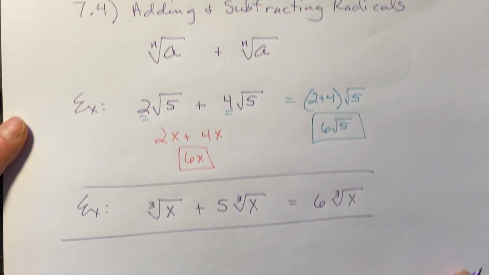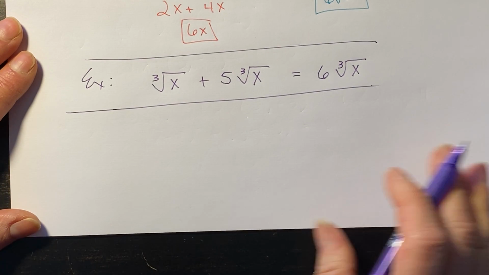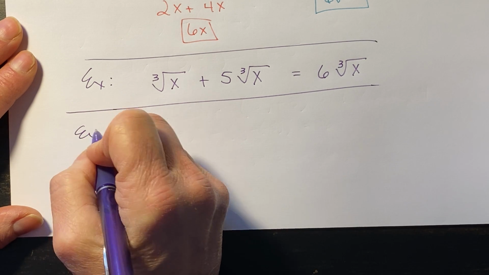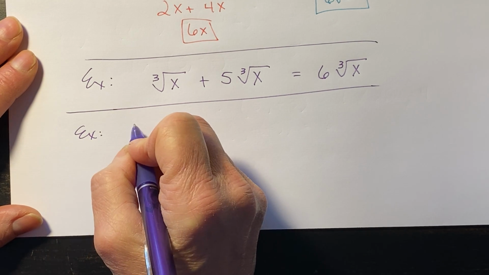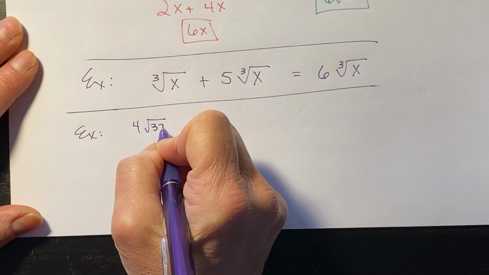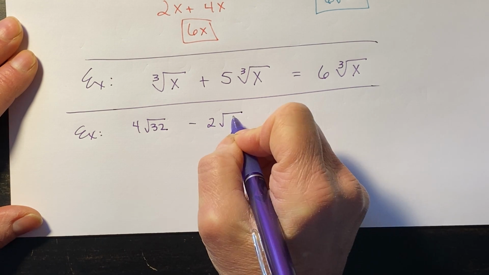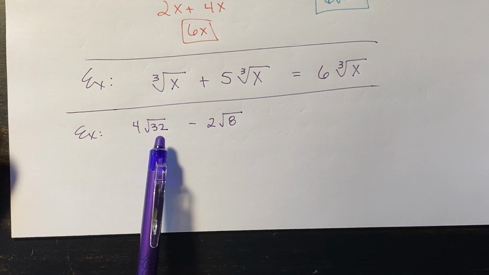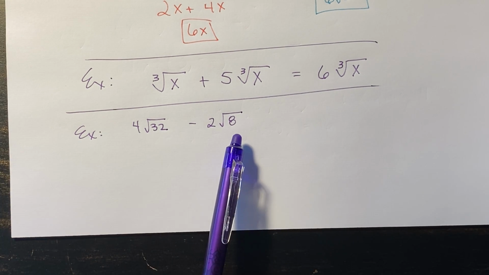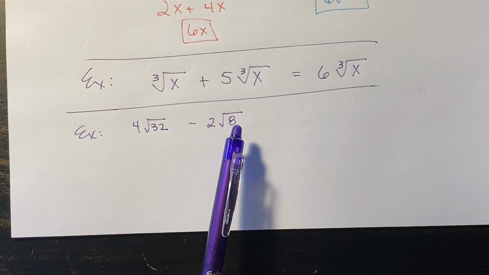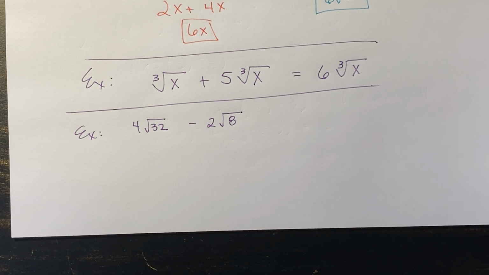Now, sometimes it takes some simplifying. Let's say I have 4 square roots of 32 minus 2 square roots of 8. Well, square root of 32 and square root of 8 are not the same radical, but they both can be simplified.